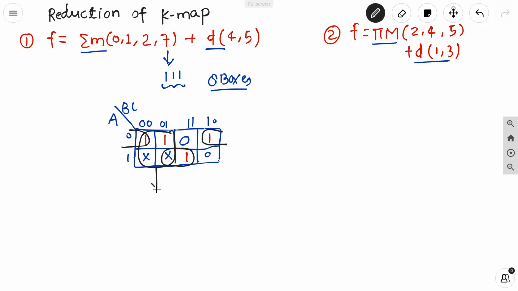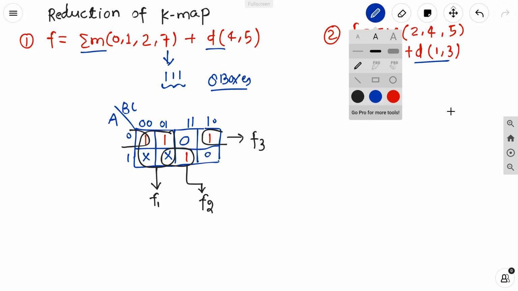So this is a quad, which I will take as function f1. From this pair, I will take the second function f2, and from this one, I will take the third function f3. For these, I will draw 3 product terms and add them, so we get the final function f, which is a sum of products.